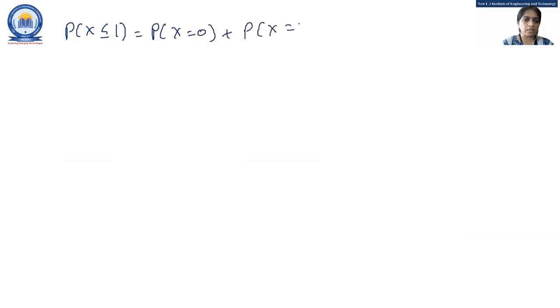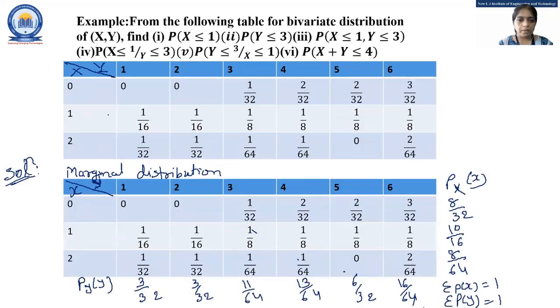My first question is the probability of x less than or equal to 1. What does it mean? I have to find the probability of x equal to 0 plus the probability of x equal to 1. And what is that? See here, this one is x.